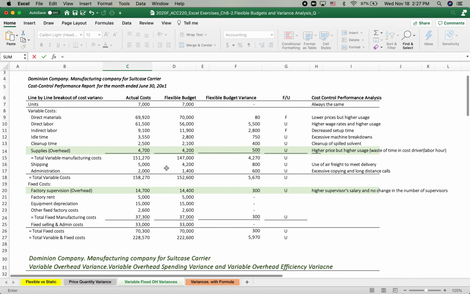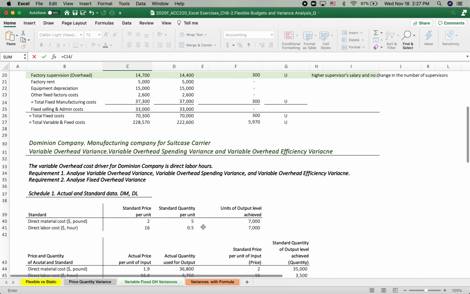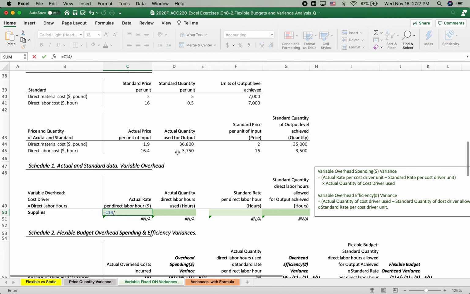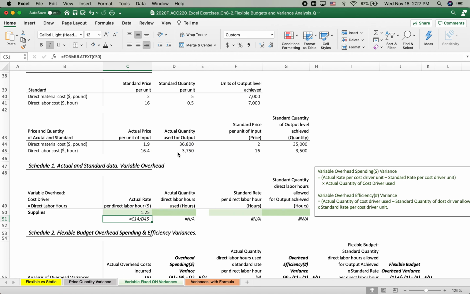So how do you get it? Here you go. The actual cost of the overhead, 4,700, divided by 3,750, gives $1.25 as the variable overhead cost per one hour for supplies. Then, what is the actual quantity of direct labor hours?